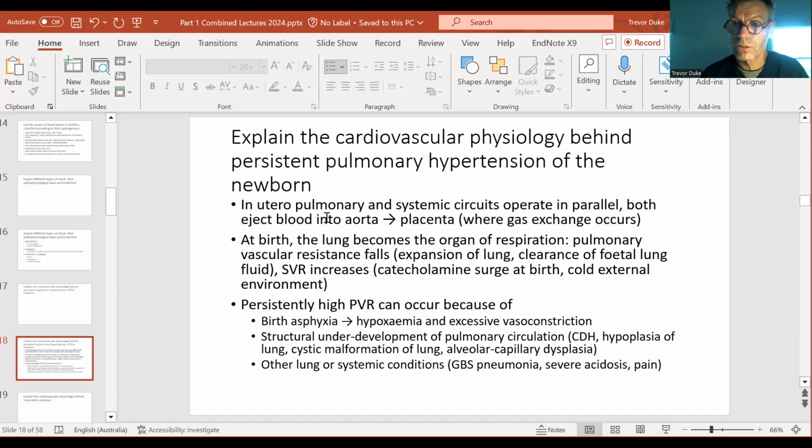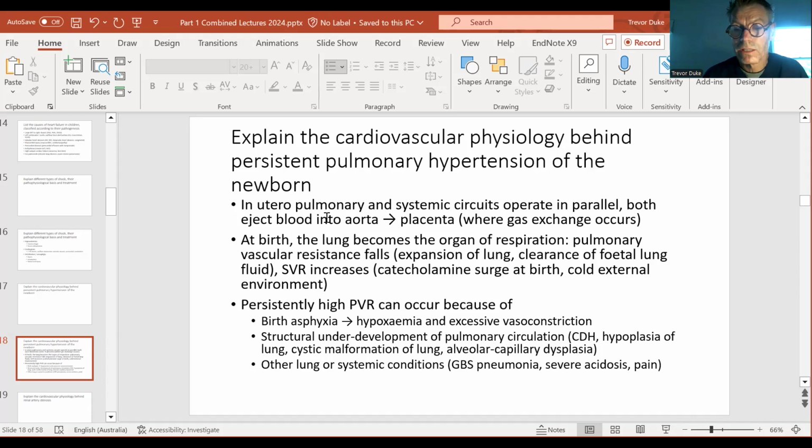It increases pulmonary vascular resistance just because it takes up space. But also congenital diaphragmatic hernia is associated with hypoplasia of the pulmonary vascular tree. The pulmonary vasculature is underdeveloped.